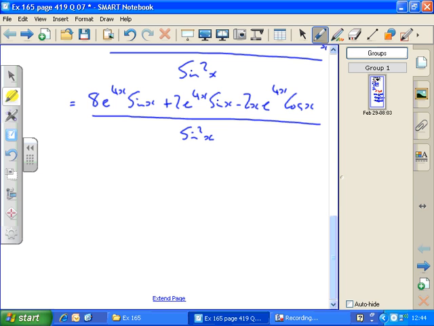So e to the 4x is common to all 3 terms, and so is 2. I can take 2 e to the 4x outside a bracket, leaving 4x sine x plus sine x minus x cos x, all over sine squared x.